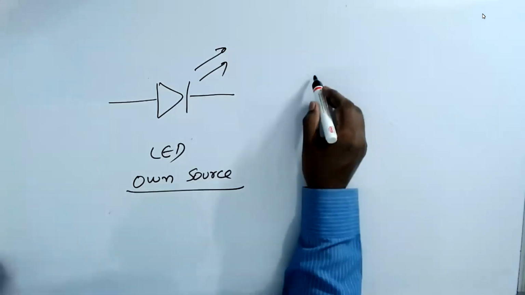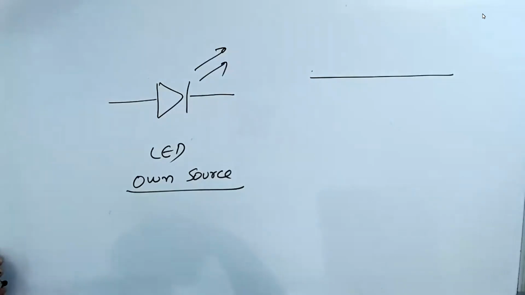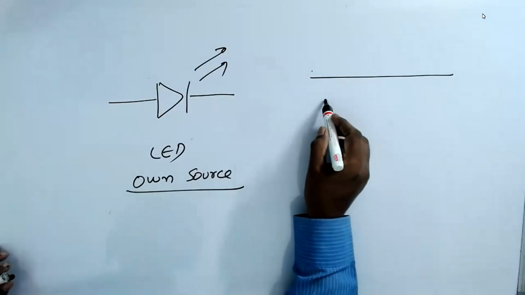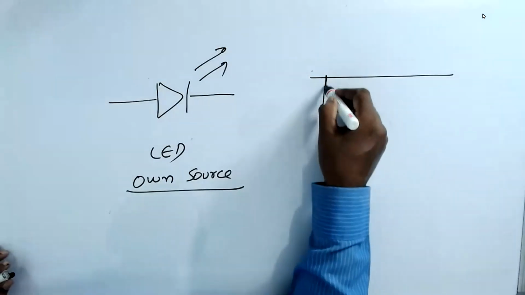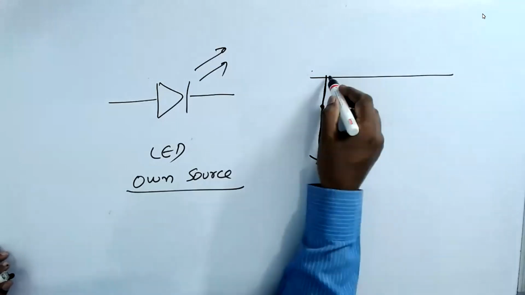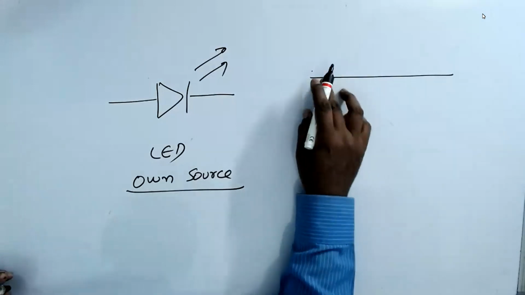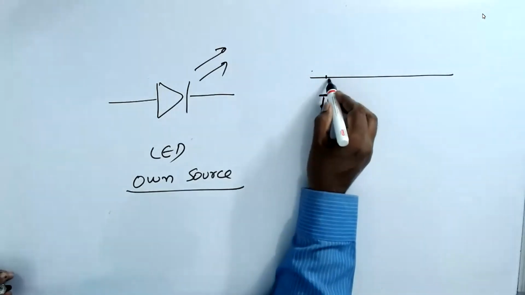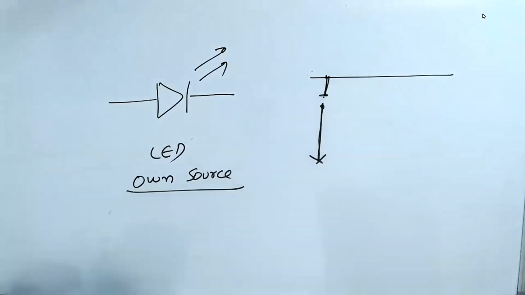Whereas LCD does not do that. If the light comes here, it reflects and comes back. So if you block the light from going to the other side, then you will see a black spot because there is no reflection at all.